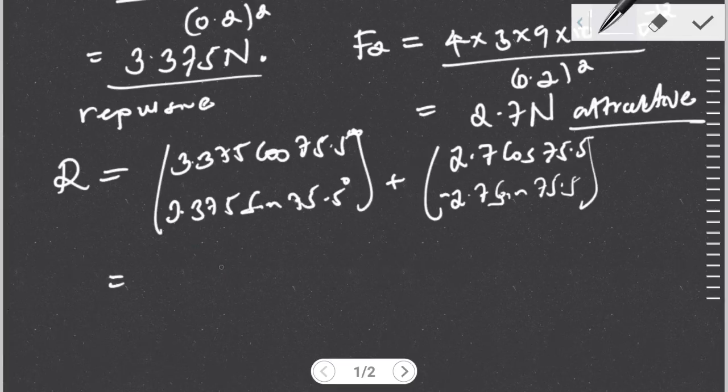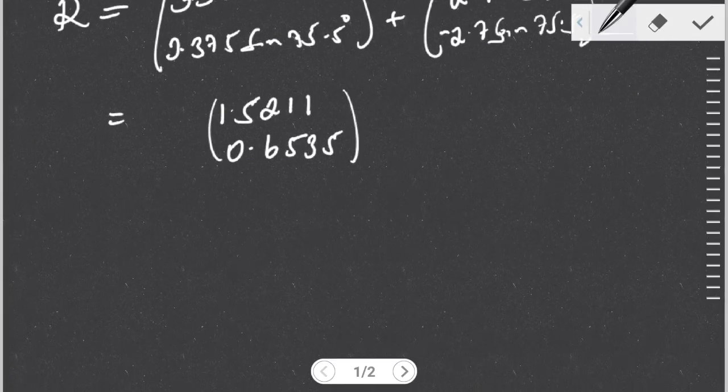And therefore I get the resultant. On the x-axis I would get 1.5211, and in the y direction this would be 0.6535.